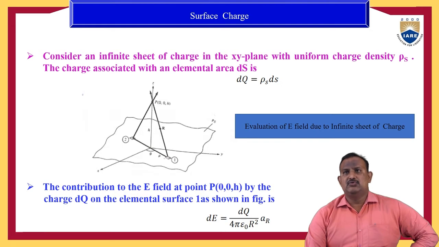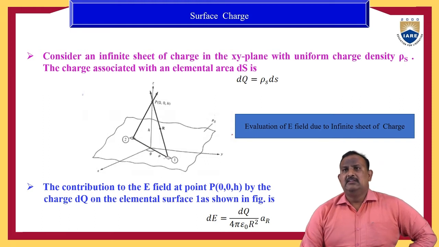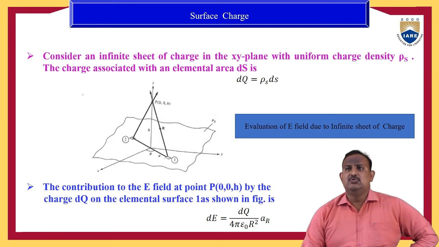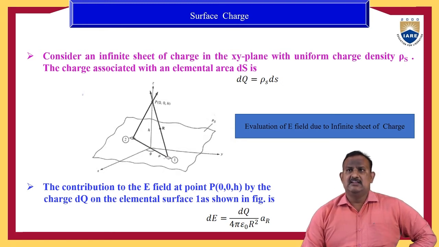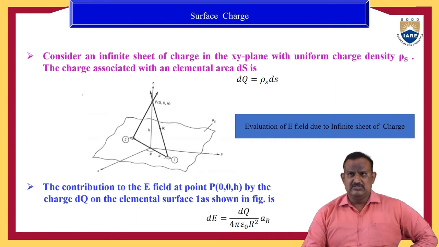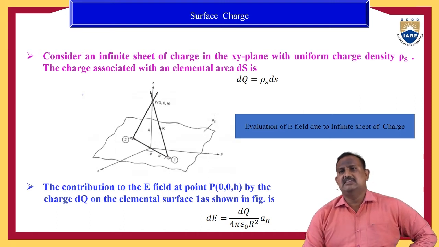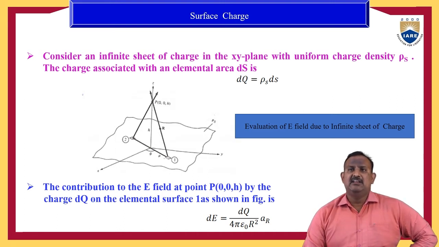Then the elemental charge dq in an elemental surface area ds is equal to rho s into ds, as we defined in the previous class, where dq is the elemental charge, rho s is the surface charge density, and ds is the elemental surface.